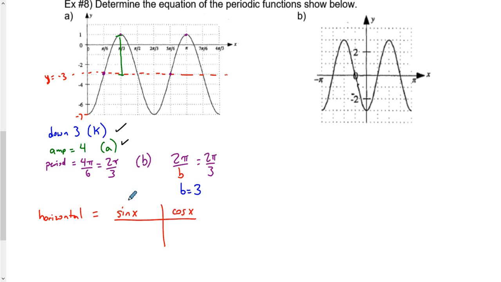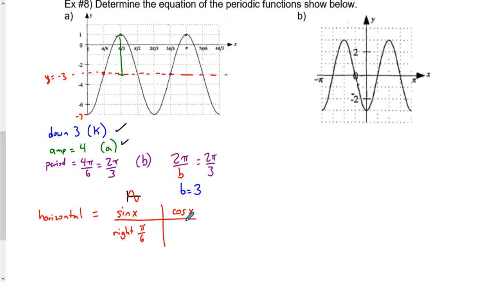For a sine graph, because we know a sine graph starts at the middle, goes up, down, and back, we're going to have to identify on here, where does it start at the middle, go up, down, and back? All right, here, at pi/6. It has moved right pi/6.